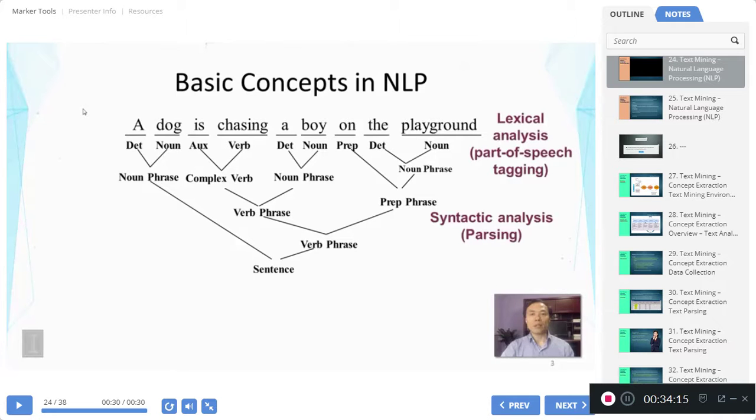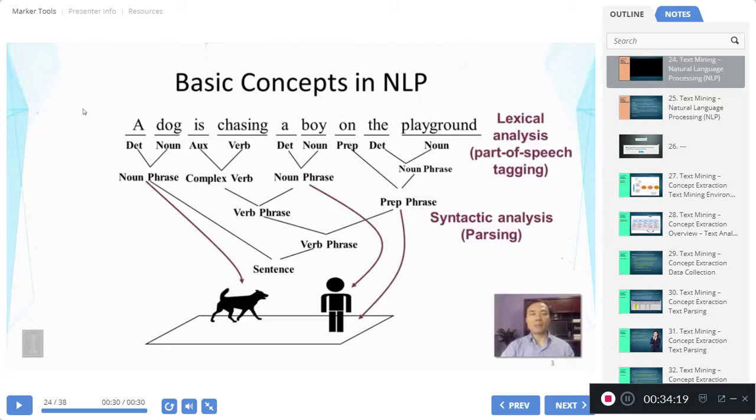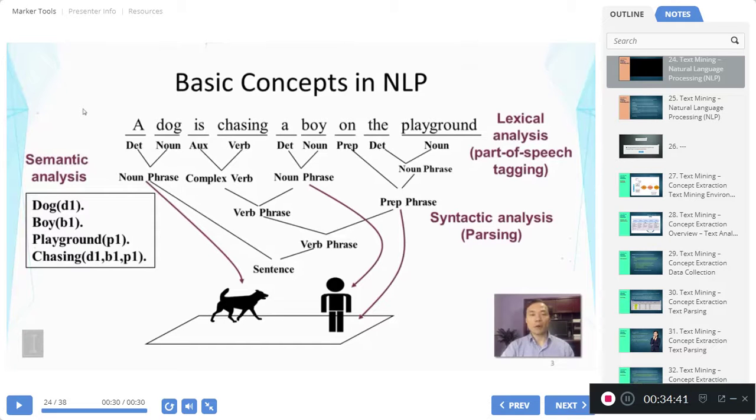But this is not semantics yet. So in order to get the meaning, we would have to map these phrases and these structures into some real-world entities that we have in our mind. So dog is a concept that we know, and a boy is a concept that we know. So connecting these phrases with what we know is understanding. Now for a computer, we would have to formally represent these entities by using symbols.